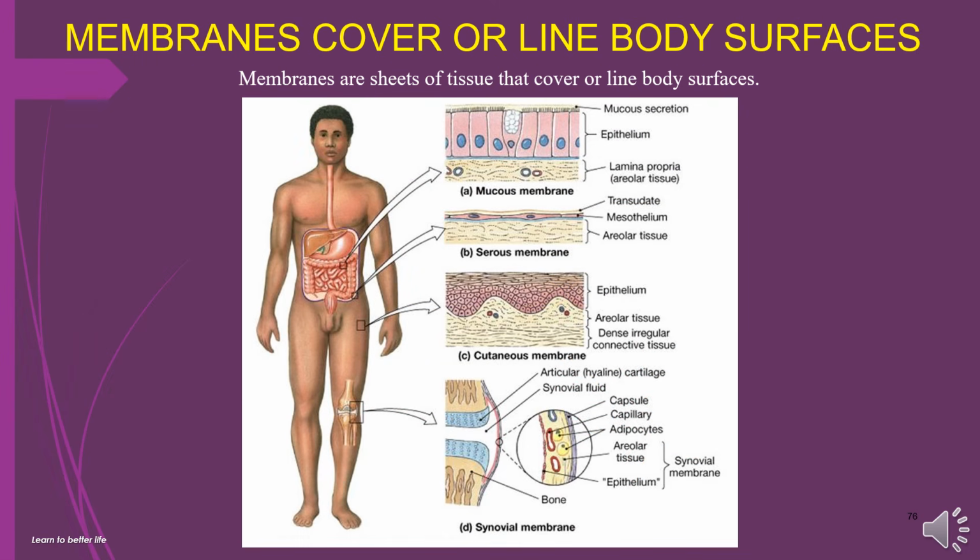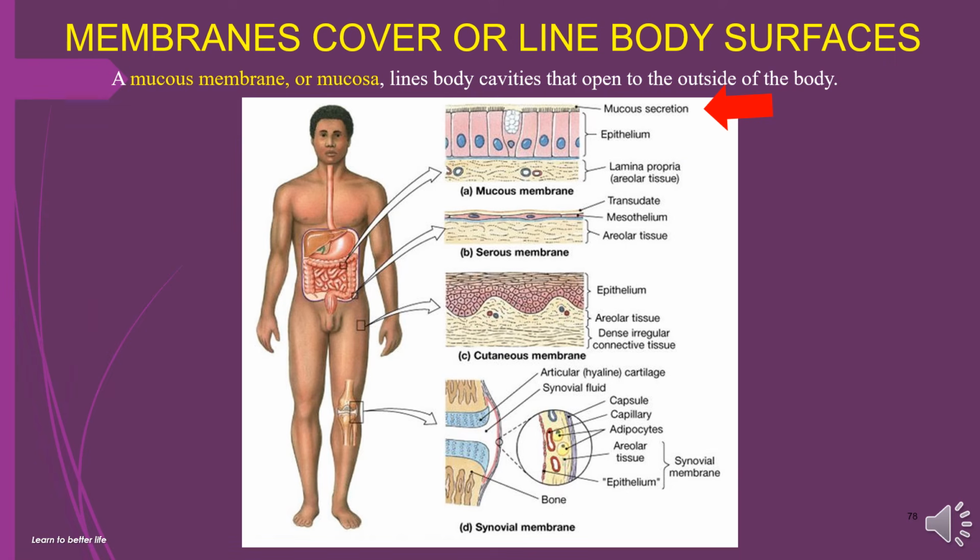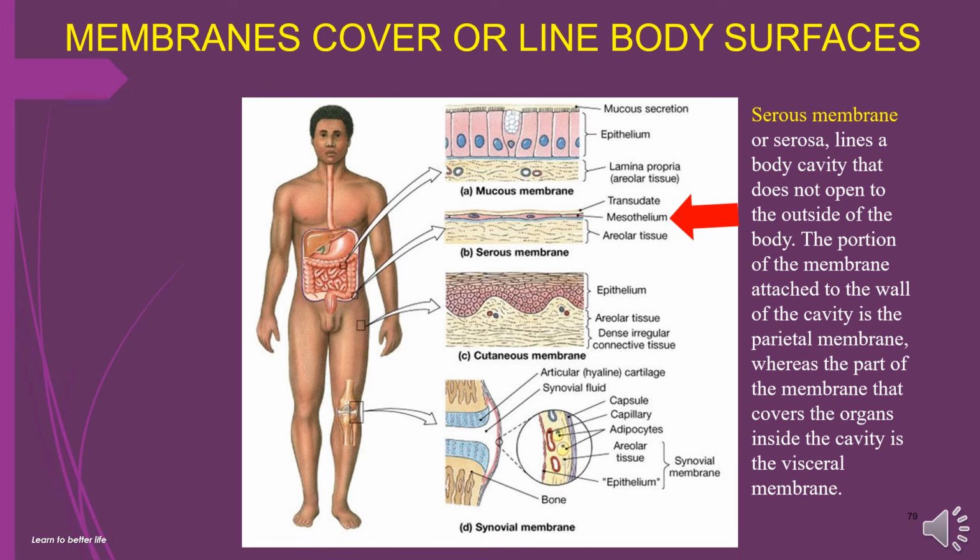Membranes cover or line body surfaces. Membranes are sheets of tissue that cover or line body surfaces. Epithelial membranes consist of epithelial tissue and a layer of underlying connective tissue. A mucous membrane, or mucosa, lines body cavities that open to the outside of the body. Serous membrane, or serosa, lines a body cavity that does not open to the outside of the body.